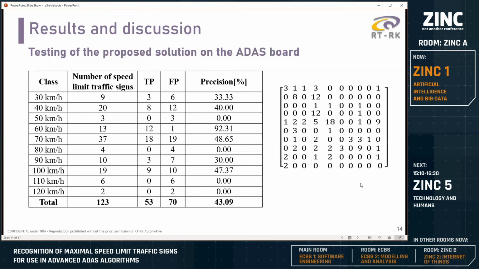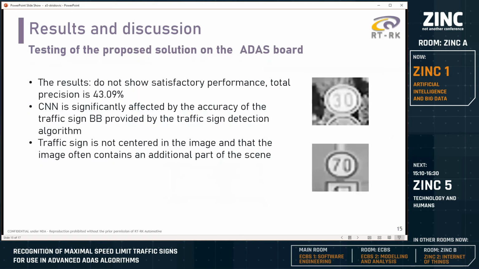Then we tested the whole solution on the ADAS board, and the results weren't very good. It was only 43.09%. At first we thought that something with the CNN was wrong, but then we looked at the pictures that were input to the CNN, and we can see that there is a difference between these pictures and the pictures on which the CNN was trained.